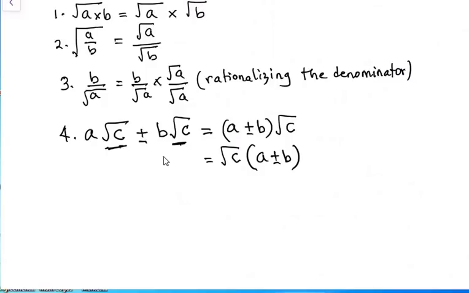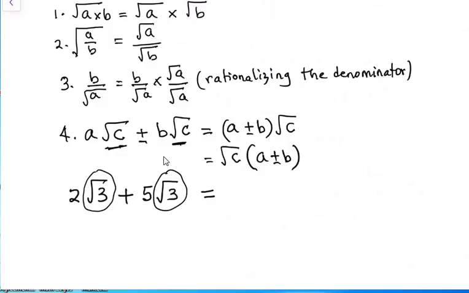In this example, we have 2 root 3 plus 5 root 3. How do we solve this? We want to treat the square root of 3 in each case as a variable, because it's an irrational number that we cannot add on its own. So instead of worrying so much, we can just keep them outside, and we can have 2 plus 5.